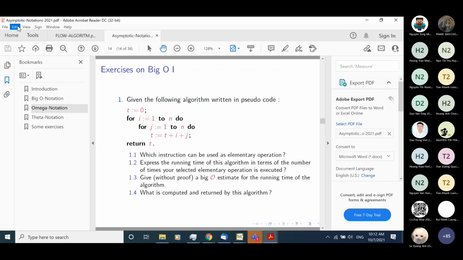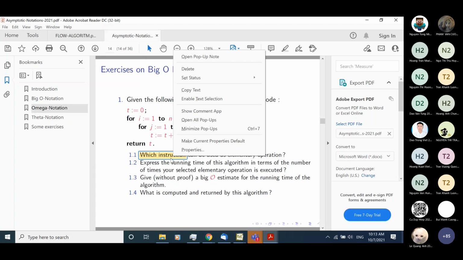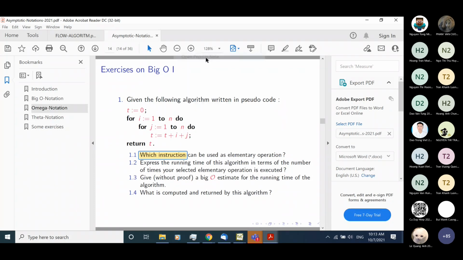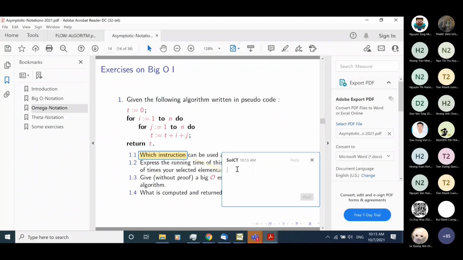You can use tools in the PDF reader to highlight the place that you want to change, and then use a sticky note to make the change that you want to make.